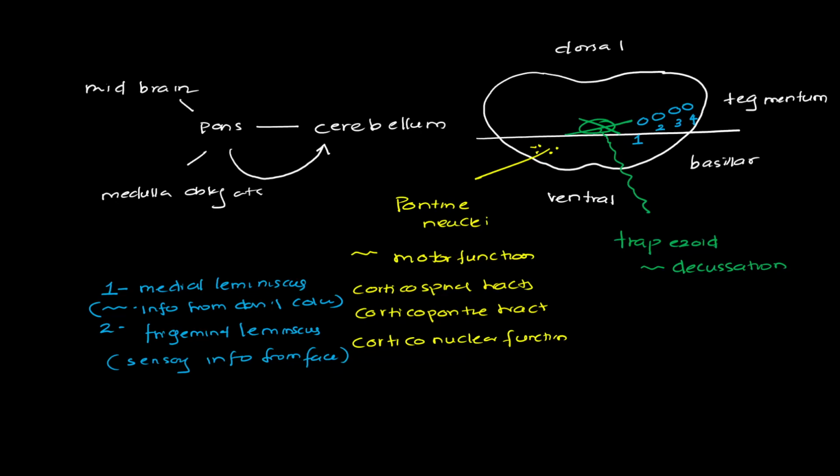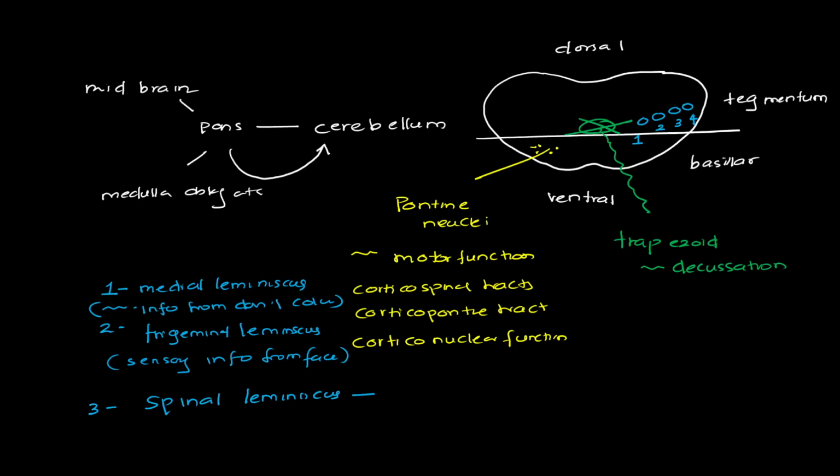There's the medial lemniscus, there's a trigeminal lemniscus, and then more laterally you get the spinal lemniscus. Now, what does the spinal lemniscus do? If you can remember, the spinal lemniscus carries information of pain and temperature, the lateral spinothalamic tract.